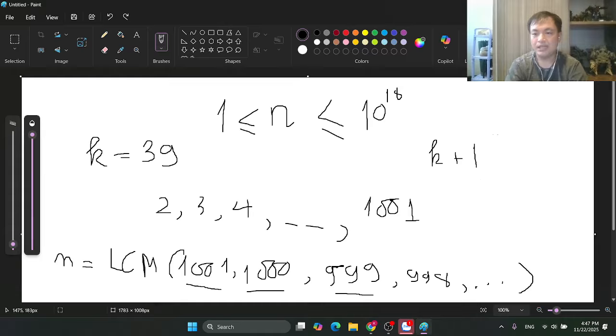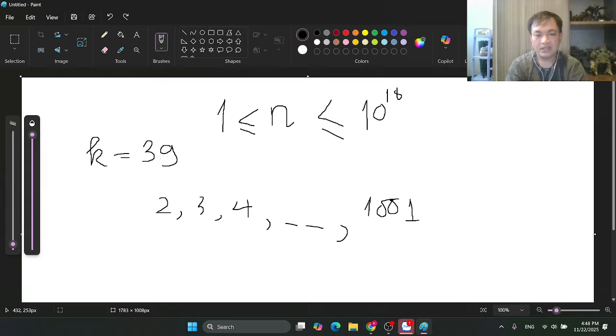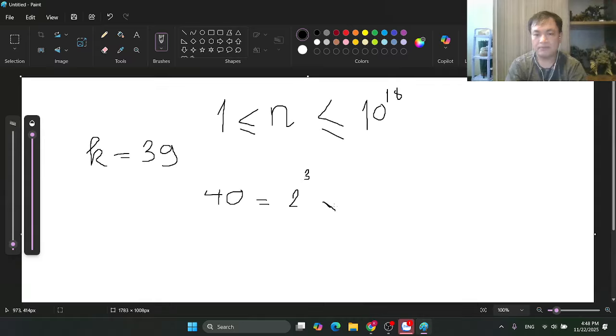So if k plus 1 is the divisor of the LCM, what will happen? Here you can see that k plus 1 is 40, and if you try to find the prime factorization, 40 is 2 to the power of 3 multiplied by 5.